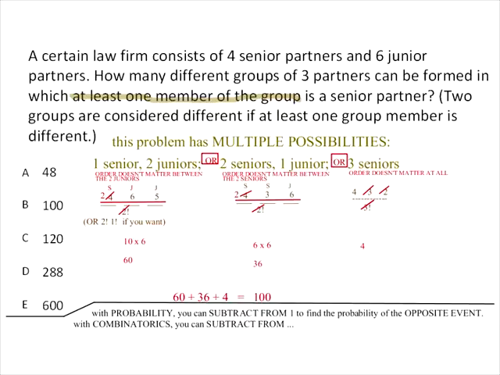But in any case, let's calculate the possibilities that you don't want. Possibilities that you don't want is all seniors. Sorry, you don't want all juniors.